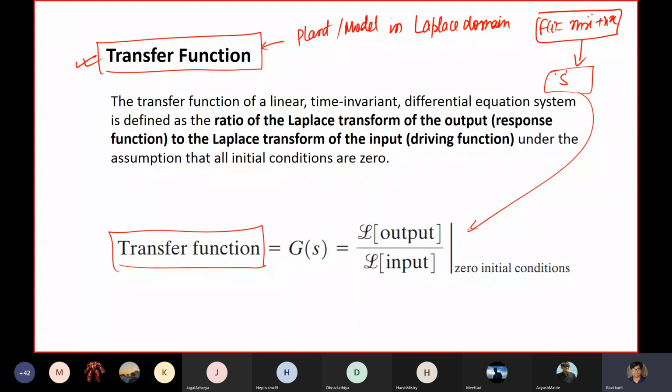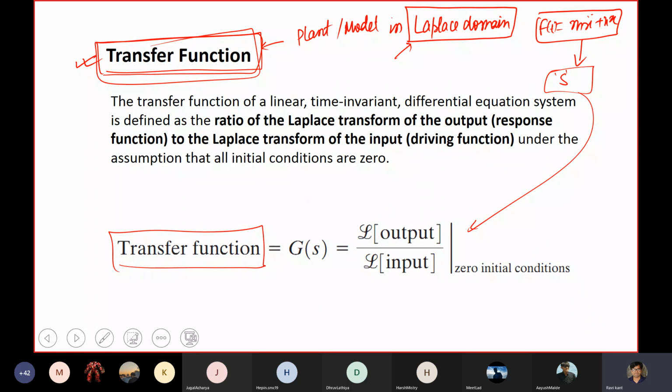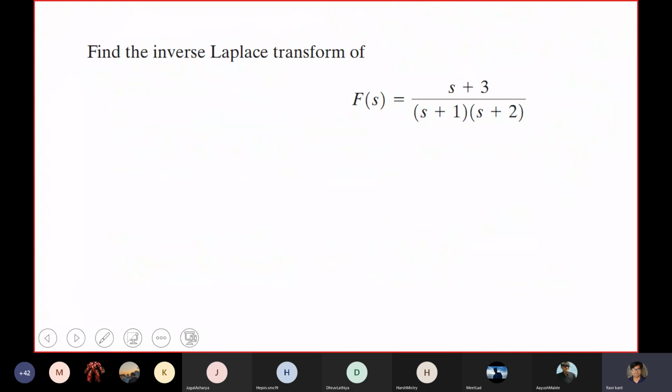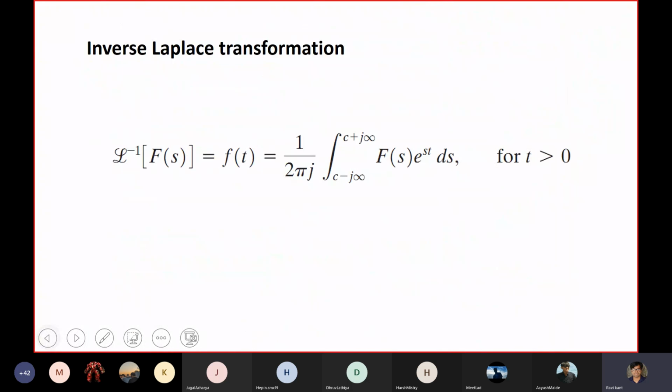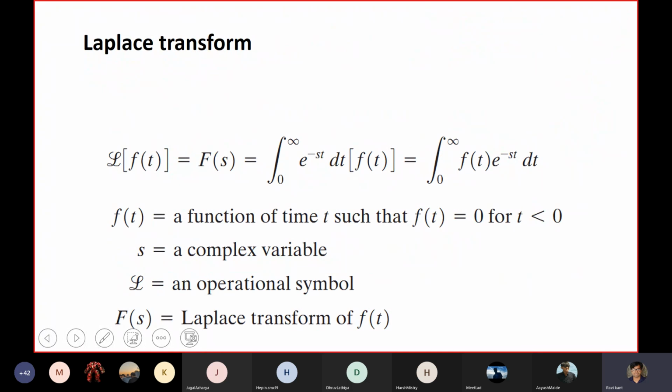Okay, so before understanding the transfer function, I've told you a new keyword, that is Laplace domain or Laplace transformation. So let us first understand what Laplace transformation is all about, and what the significance of doing that is. So let me go back. The Laplace transform is a mathematical construct.